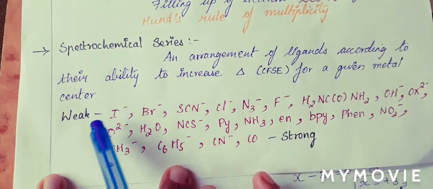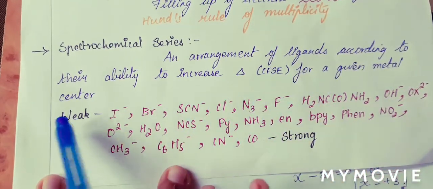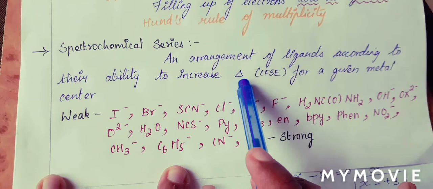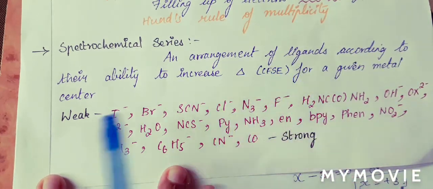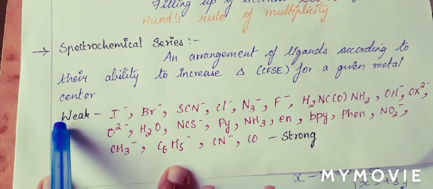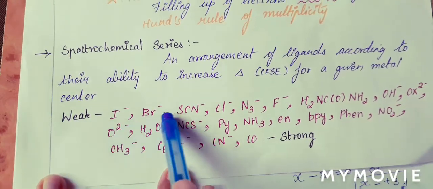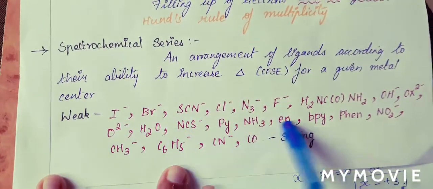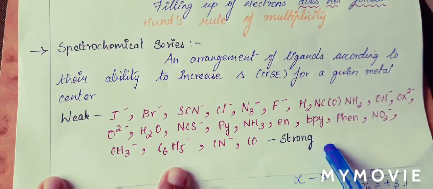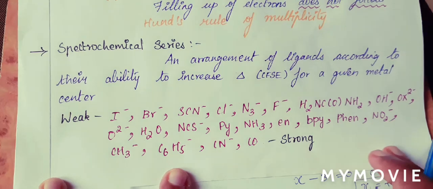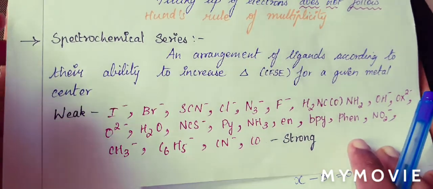Now I have arranged the ligands based on their ability to increase delta naught, or delta T in the case of tetrahedral complexes. So these are the weak ligands. We are starting with the weak ligands, we move on to the neutral ligands, and then we move on to the strong ligands. So this is the spectrochemical series. So please make a note of this. Now let's quickly move on to the first problem.